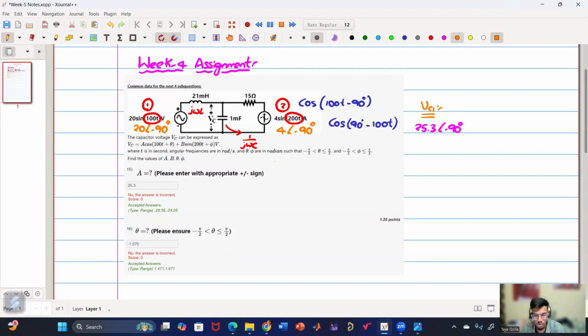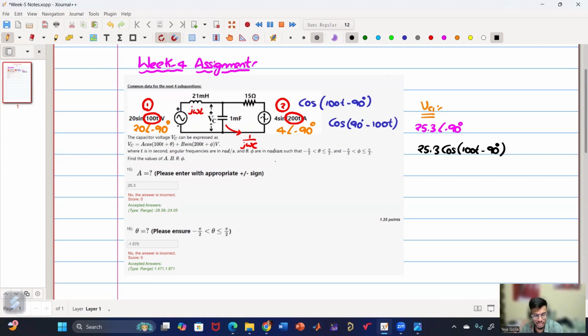Now if I want to convert it into cos, because in the question it is written in cos, we have to write it in terms of cos. So it will be 25.3 cos of omega t plus theta, which is cos of 100t minus 90 degrees. Then what is my theta?